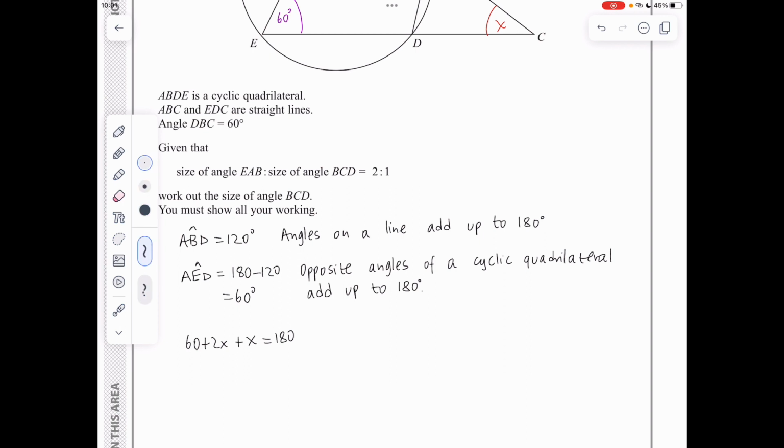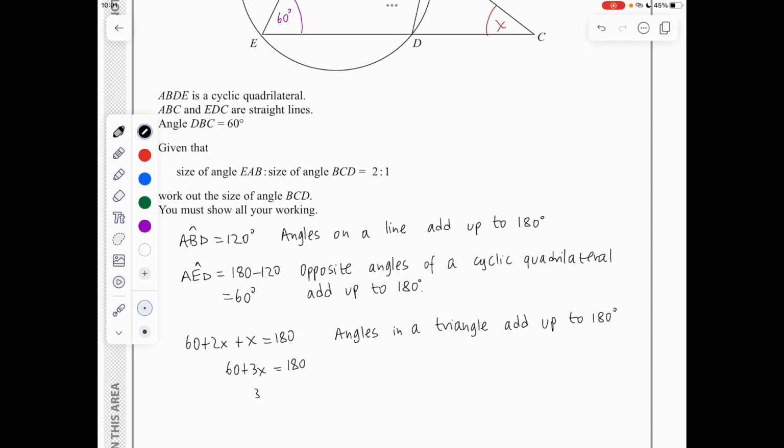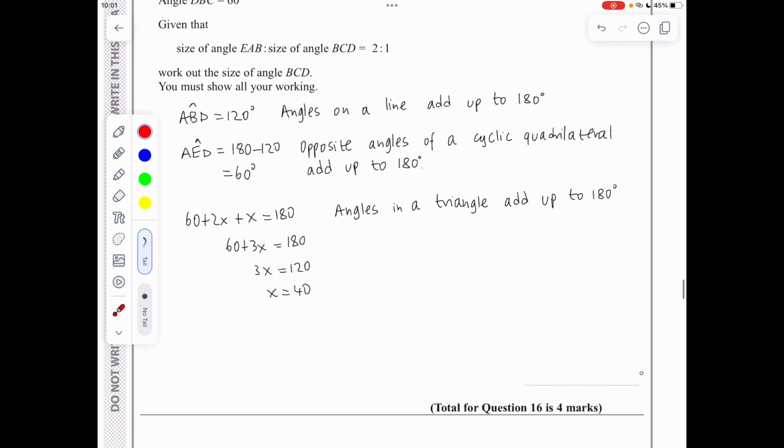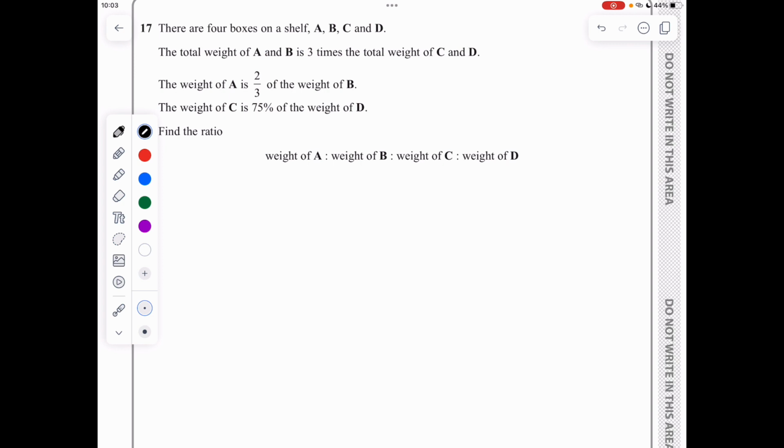The reason here is that angles in a triangle add up to 180 degrees, so it's a matter of solving the equation. 60 plus 3x is 180 degrees, so 3x is 120, so x turns out to be 40. Remember, we're trying to find angle BCD, which we marked as x, and therefore I can simply conclude that BCD is 40 degrees.